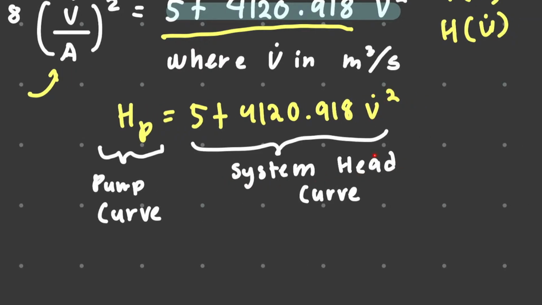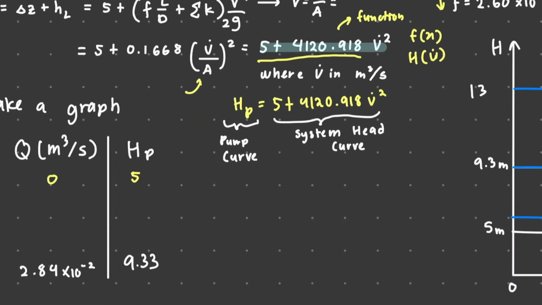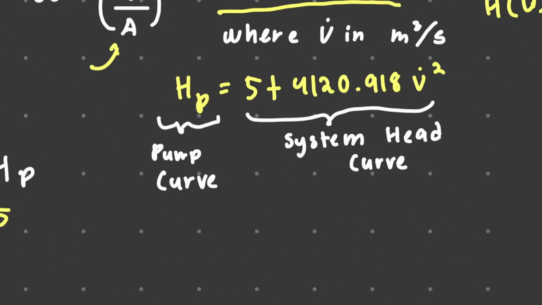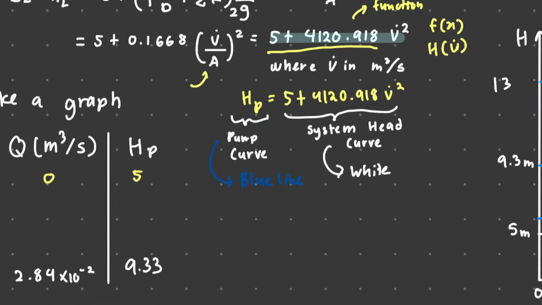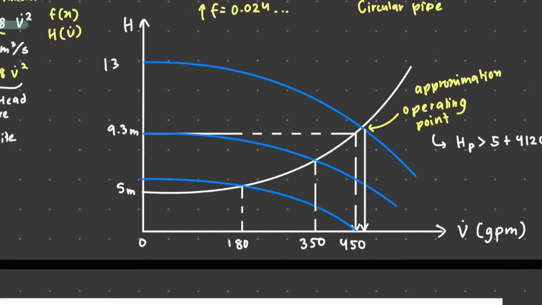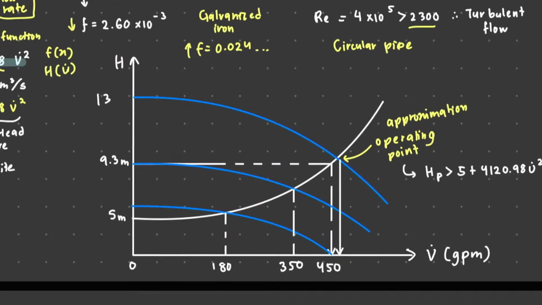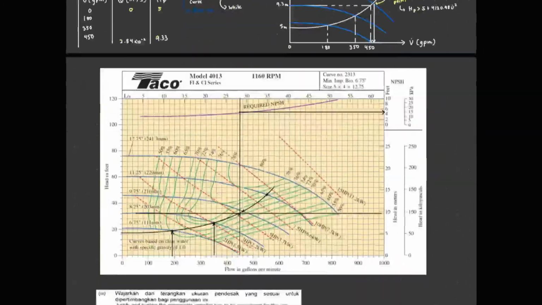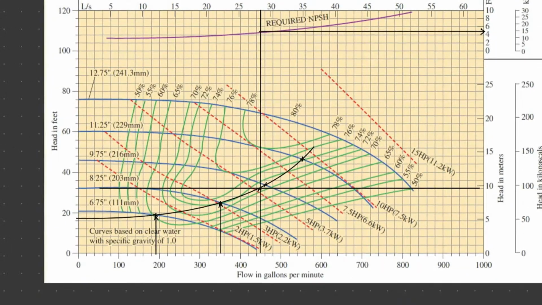This is the system head curve. Okay, the pump curve is the blue line. The system curve is the white line. What do I mean by blue line and white line? It is here. Where did you get this graph, Nasir? From here.